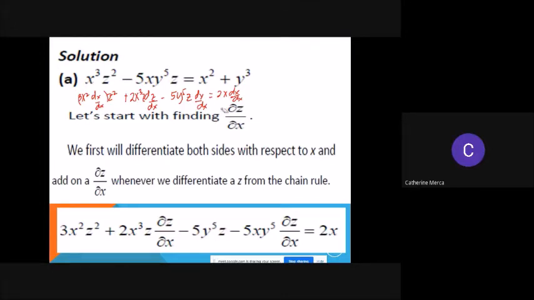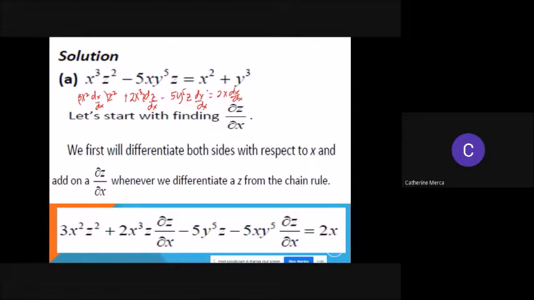Then equals negative 5xy partial of z. Kulang pa pala to. Kaning negative 5xy with respect to z na pod. Kulang ng isa. Kani kay dapat 5xy to the 5th with respect to z.